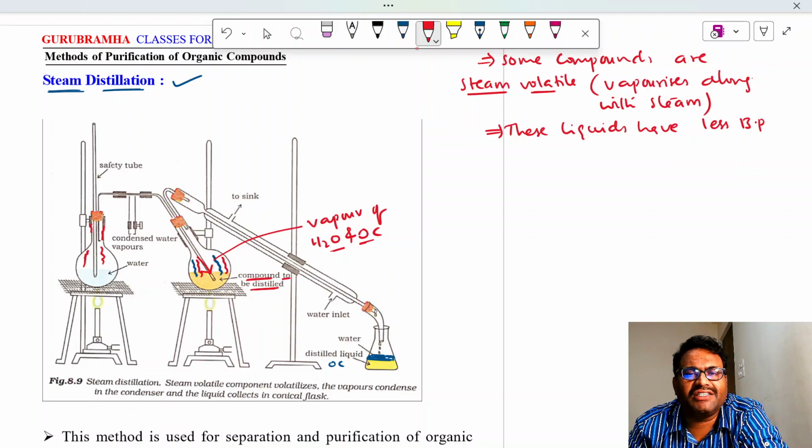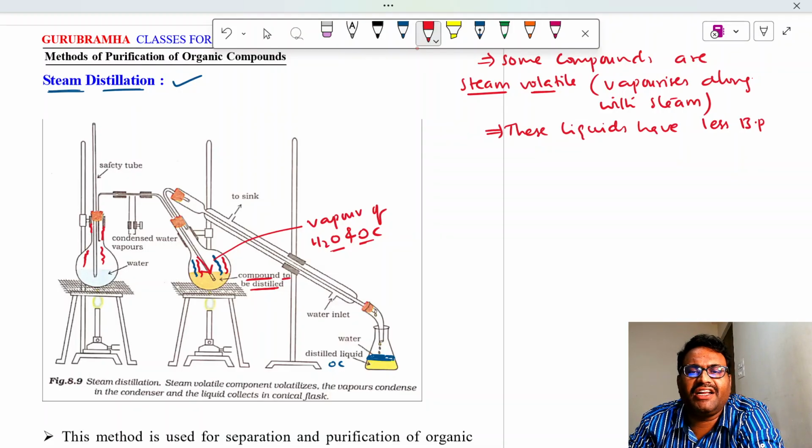When does a liquid convert into vapor? At its boiling point, as we have just seen. So now this vapor is a mixture of vapors of water and vapors of the organic compound.